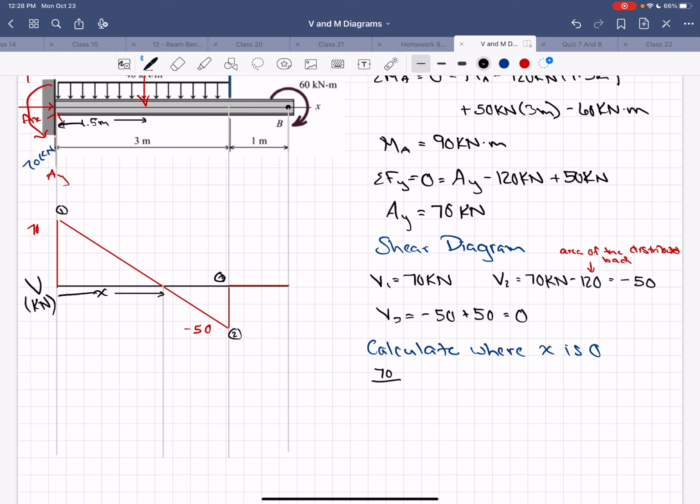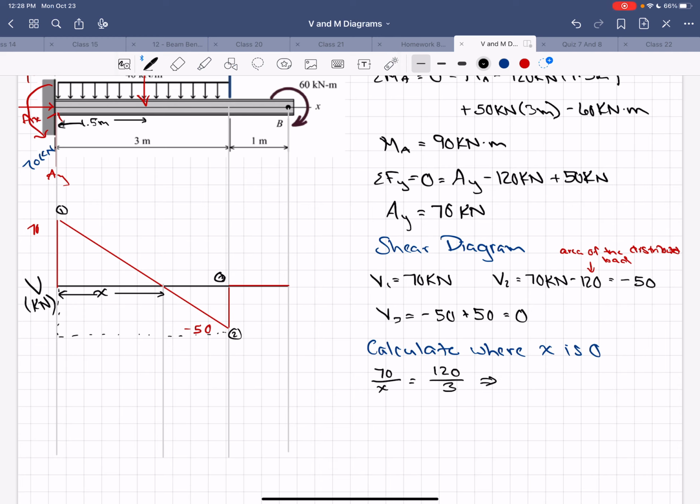That's what we're solving for. So 70 over x equals the whole height of this triangle, which is 120, over the whole length, which is 3.